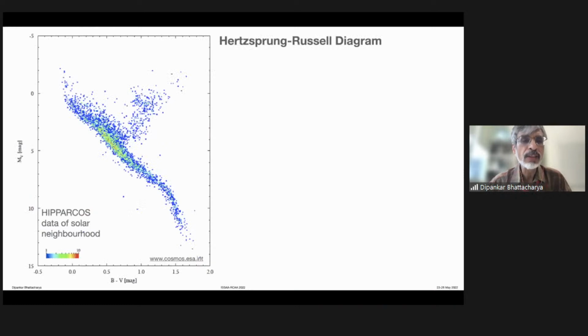To study the stars further, it is useful to take a look at some of their population properties and then see in various observables where they lie. Two of the things which we can measure relatively easily in any star, at least stars which are not terribly far away, are their brightness and their color.